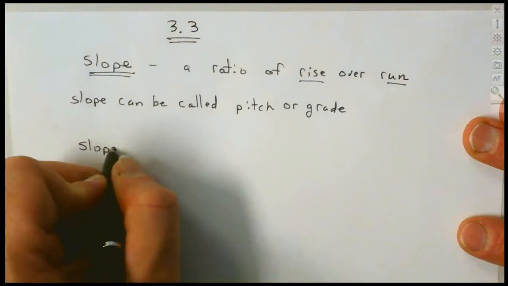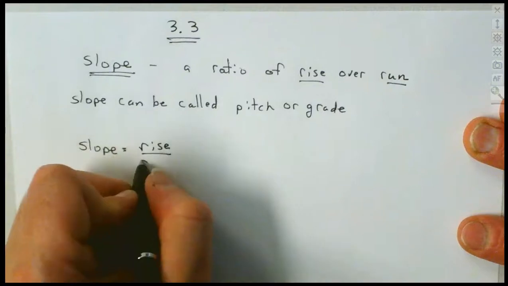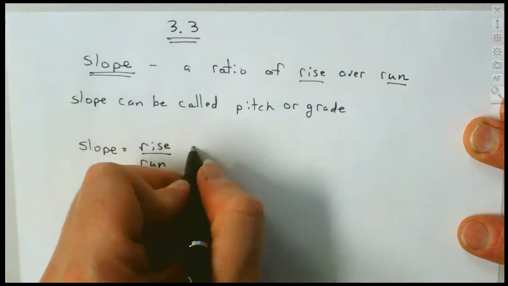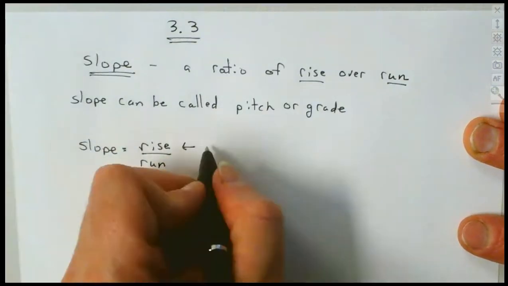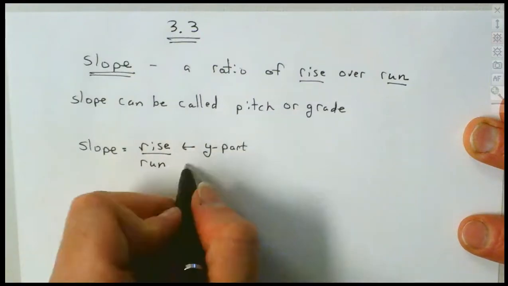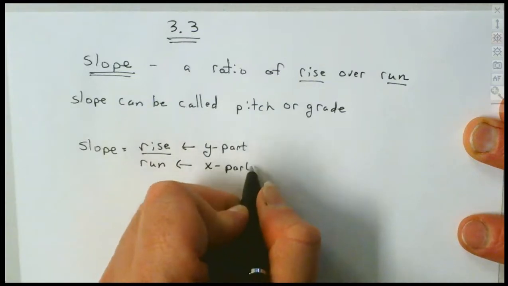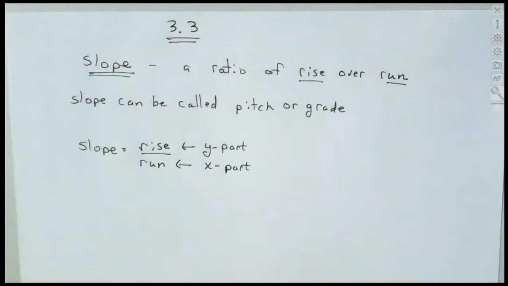So the slope now is the rise over the run. When we talk about the rise, that's the y part, and the run is the x part. Rise is the up and down part, the y component. The run is the left and right part, your x component.